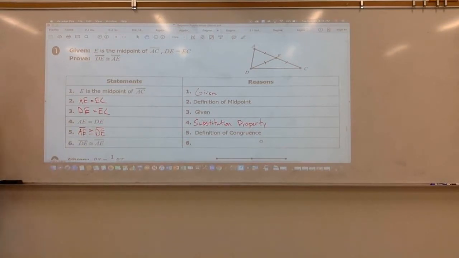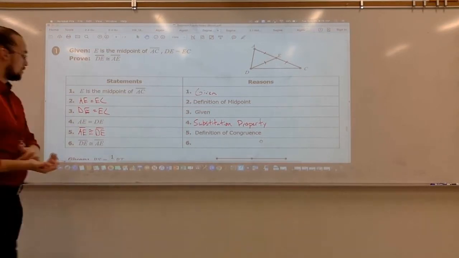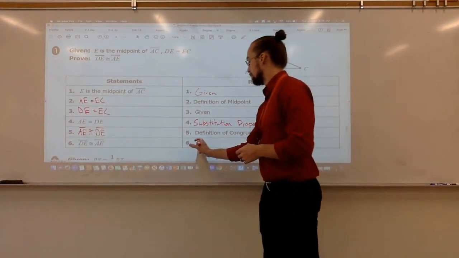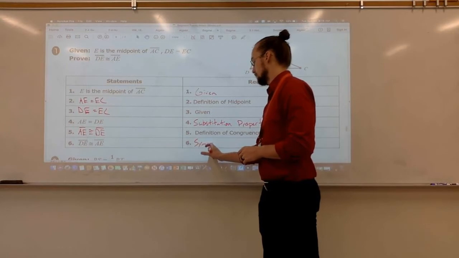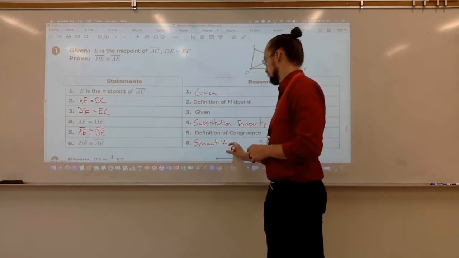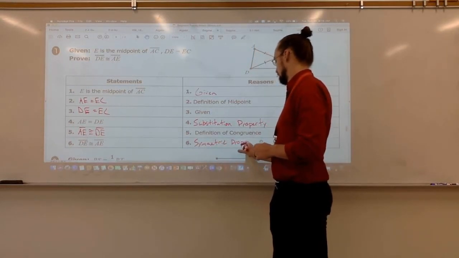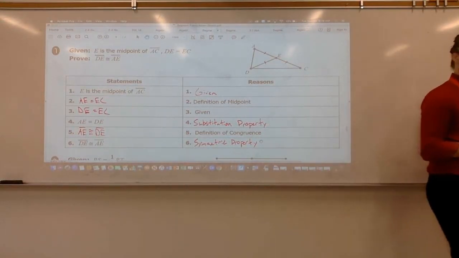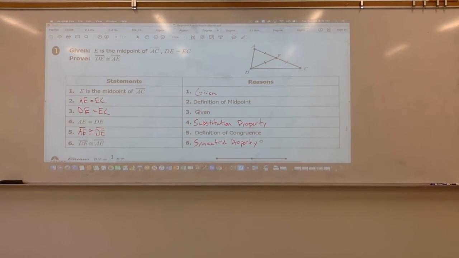Well then, they say that DE is congruent to AE. How can I claim that? Symmetric property, right? All we did was flip things across the congruent sign. Feel okay with that?